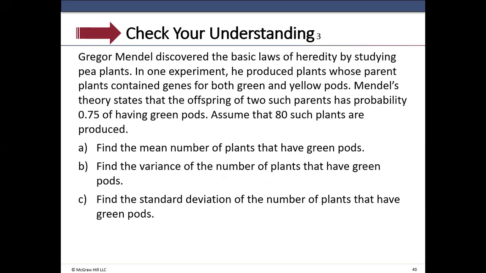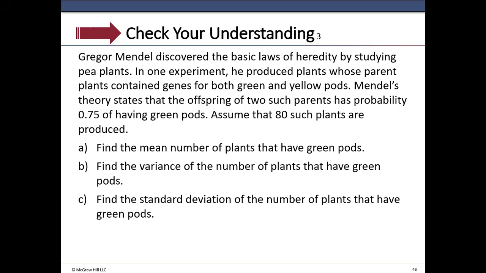So p is 0.75, your sample number of trials n is 80. Find the mean. So the mean is 80 multiplied by 0.75. So on the average, 60 out of 80 will have green pods. 60 plants out of 80 plants.